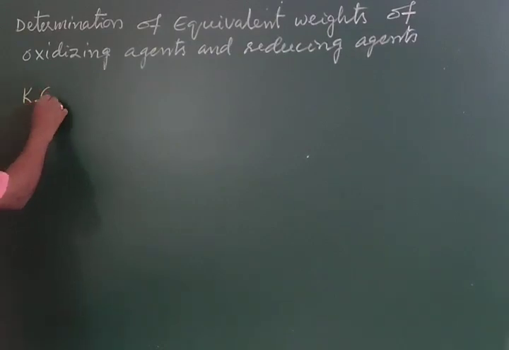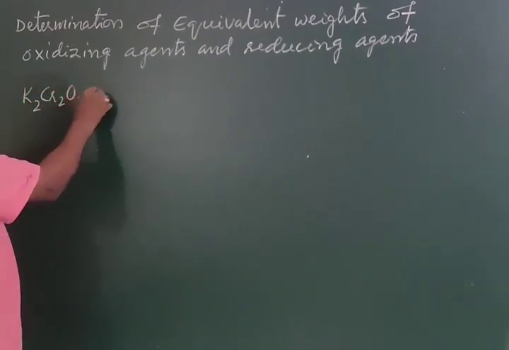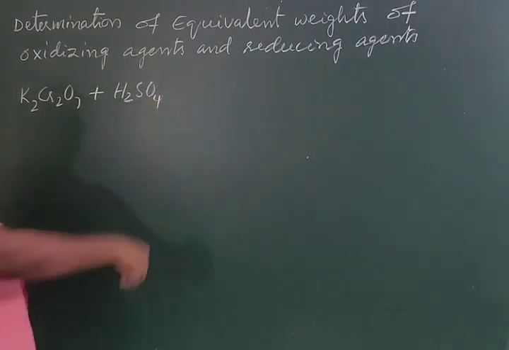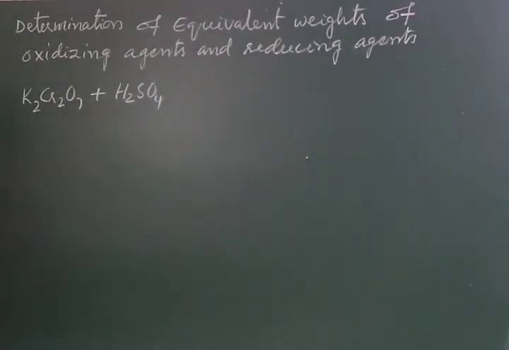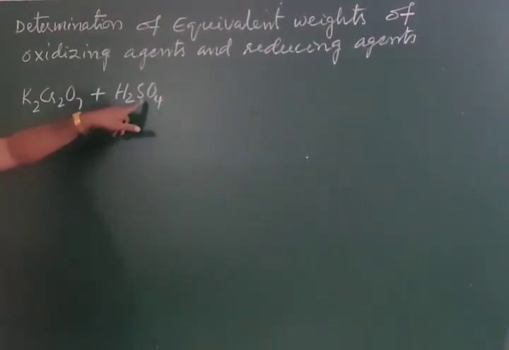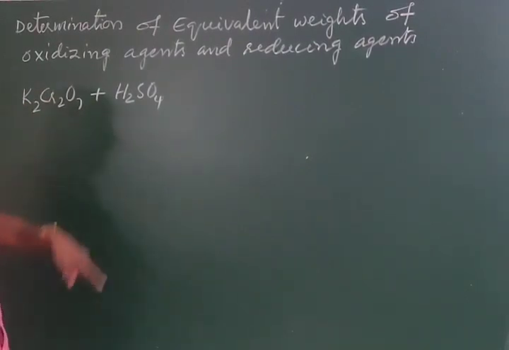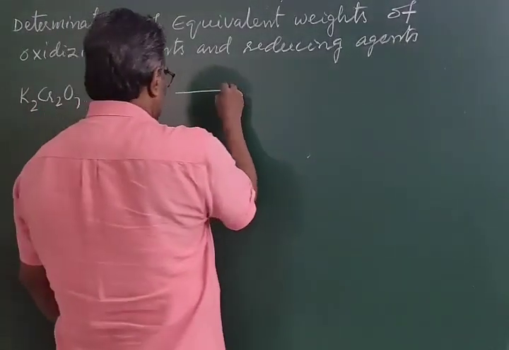Potassium dichromate, K2Cr2O7, in the presence of acid, any acid, either sulfuric acid or hydrochloric acid, changes to chromium salt. If sulfuric acid is used, it changes to chromium sulfate. If hydrochloric acid is used, it changes to chromic chloride.